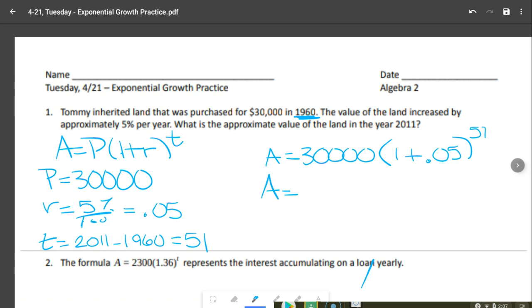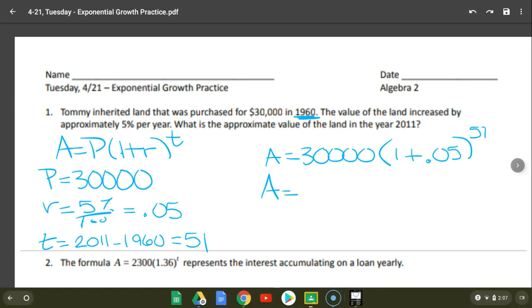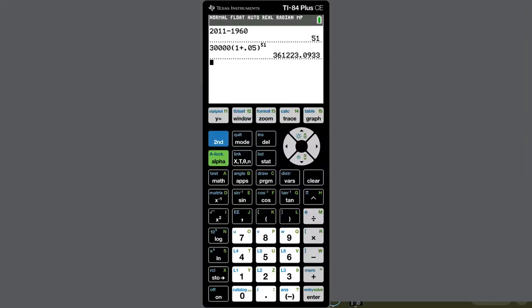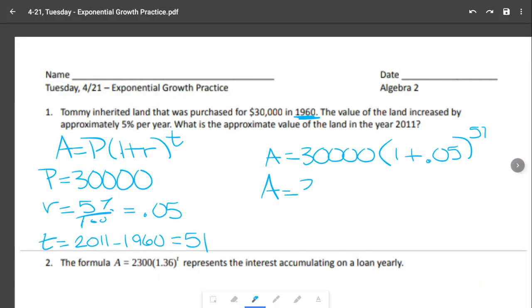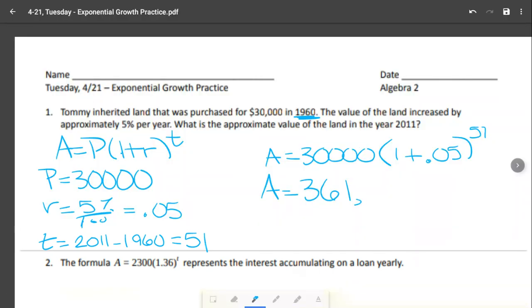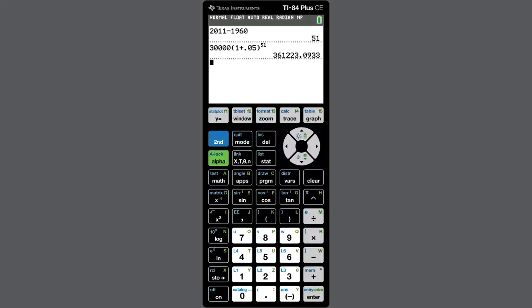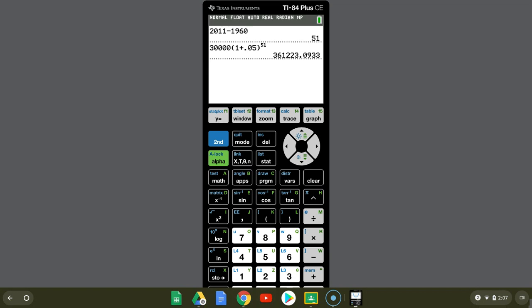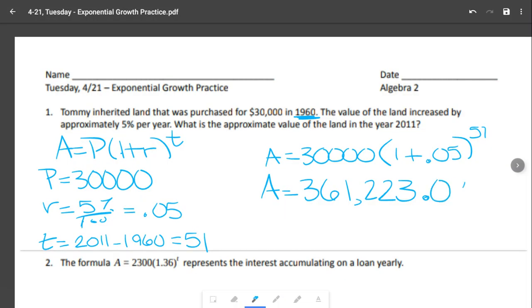It does not tell you where to round. So we said money not telling you where to round is the nearest cent, two decimal places. So we have $361,223 and 9 cents, 0.09.